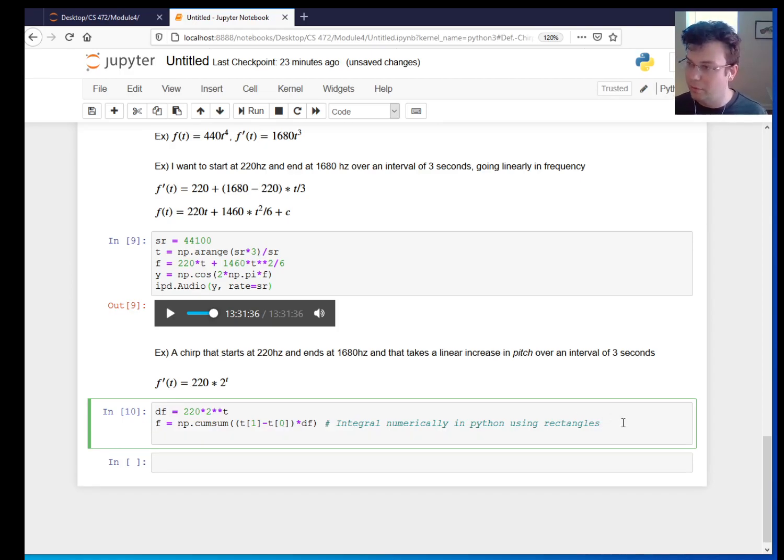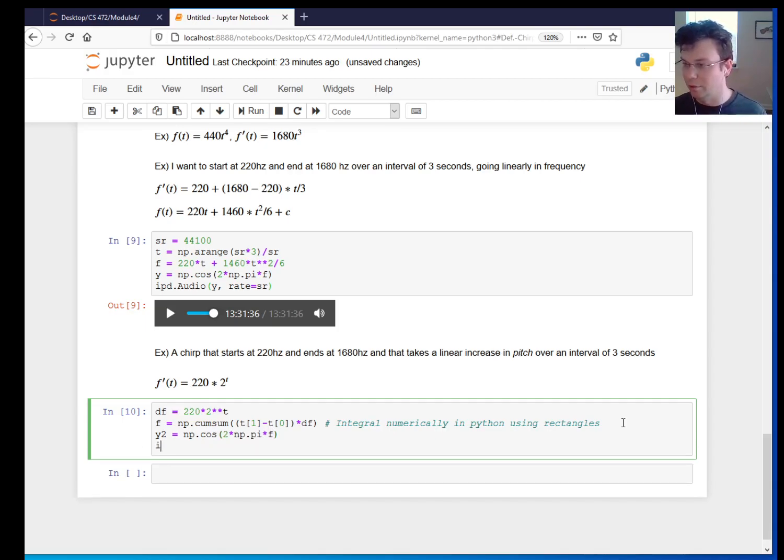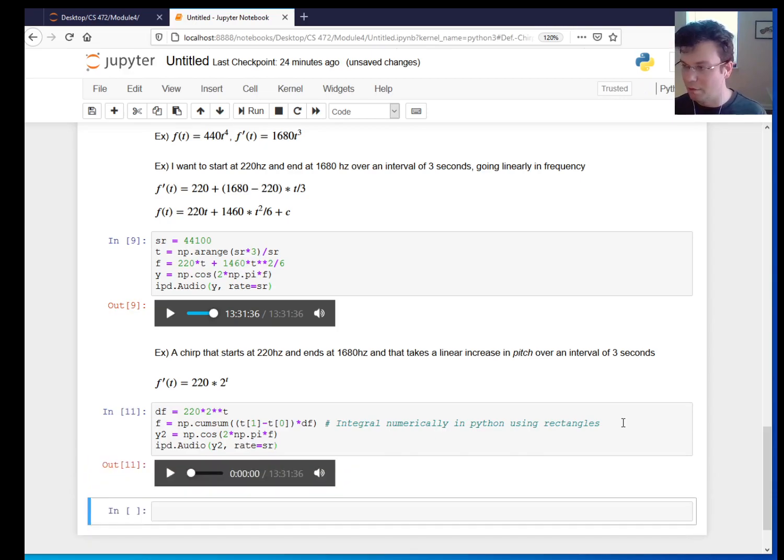So now let's listen. We'll say y2 is equal to np.cos of 2 pi f, this thing that we just numerically integrated. Okay, so let's listen. All right, so here's the original. You can hear, particularly when it gets to high frequency, it's not really moving that much in pitch. Whereas with this one, we should move an octave every second.